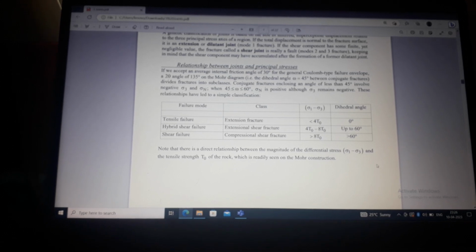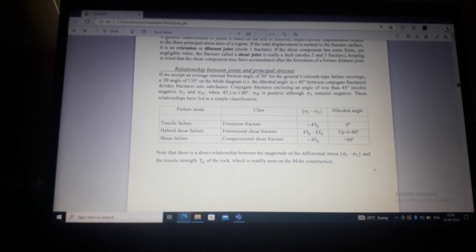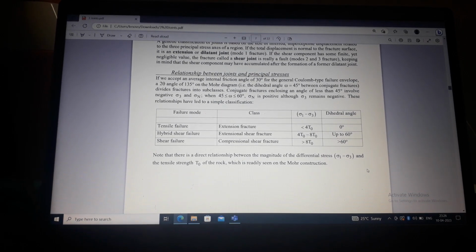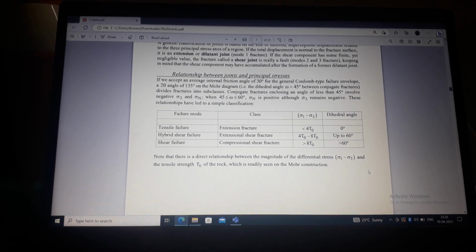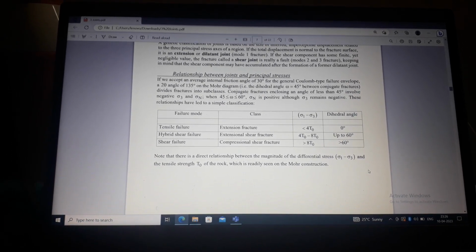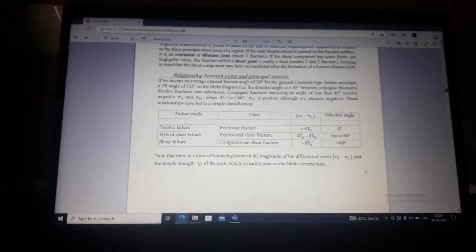Note that there is a relationship between the magnitude of differential stress, sigma 1 minus sigma 3, and tensile strength T naught of the rock, which is readily seen on Mohr construction.